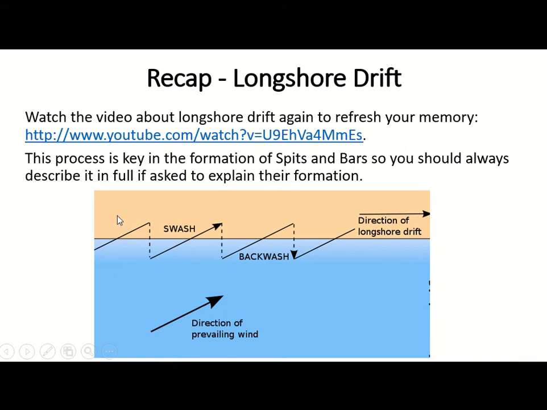But that's obviously not always the case, and the coastline isn't a straight line. It's very, very rarely a straight line. So if this continued in one direction, but the coast changed direction a little bit, then you might find that this deposition actually continues away from the coast, and that can create certain features which we call spits and bars. Okay, so we're going to start to look at that in more depth now.